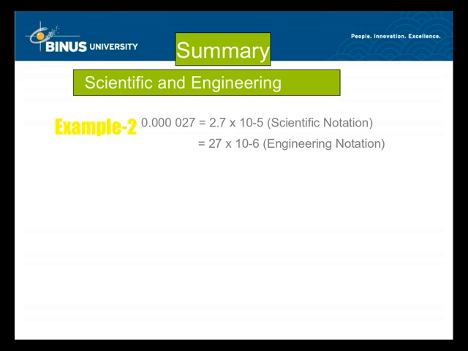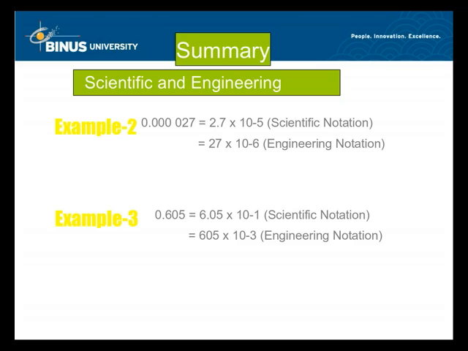In scientific notation, it's 2.7 times 10 to the power of minus 5, while in engineering, we convert minus 5 into minus 6, so 27 times 10 to the power of minus 6. Here's another example of 0.605.